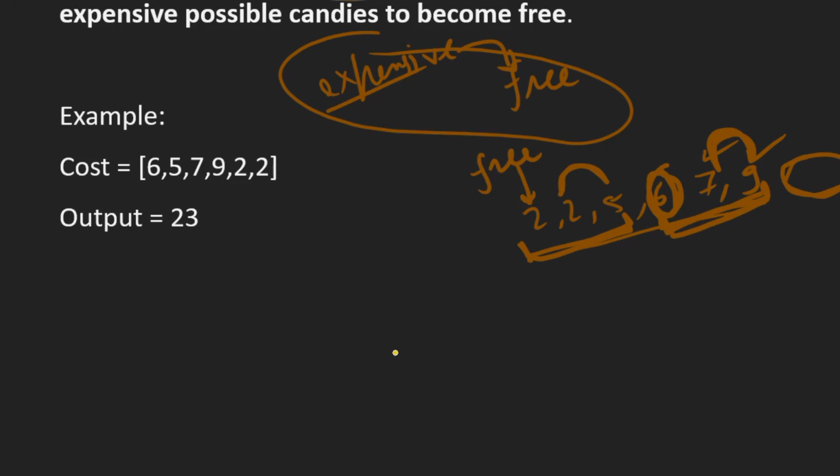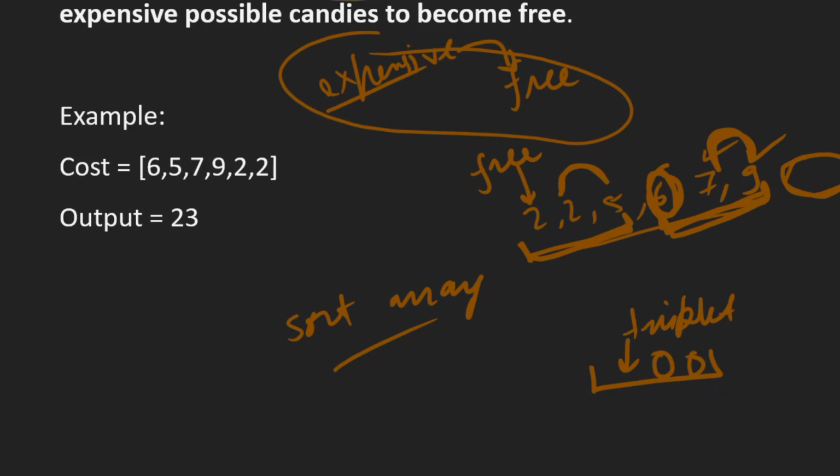So basically what we do is we sort the array, and then from the end we take triplets, meaning 3 candies, then we buy 2 candies and get the third one free, right? So we divide the whole array into triplets, and from each triplet we buy 2 candies and get the third one free.